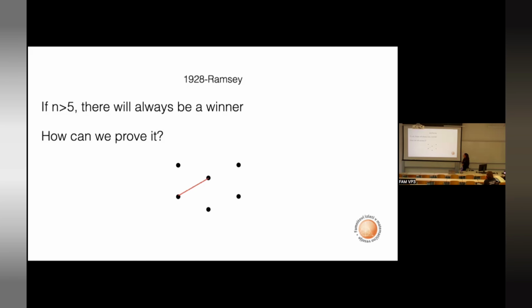Let's take this point and let's choose red. So this point will have at least 3 red. Now, what can we do? We will try to avoid a red triangle or a blue triangle. How can we avoid it? Here, I need to put a line. If I put a red line, I have a triangle. So it has to be blue. The same for this one.